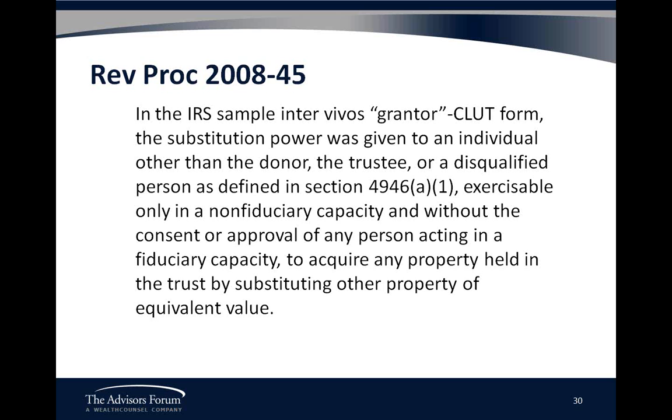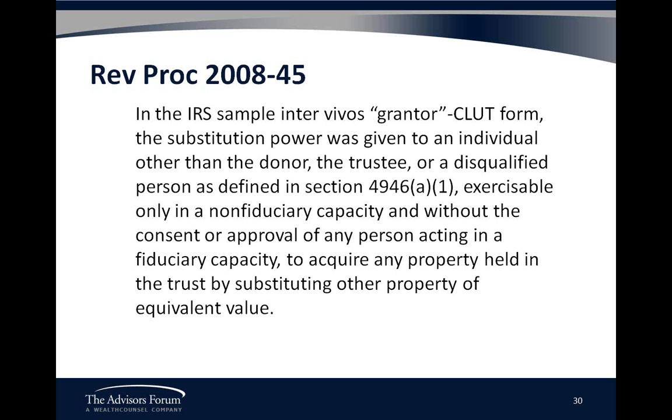Now, interestingly enough, every year or every couple of years, the IRS issues sample inter vivos charitable remainder trust forms. They include a sample charitable remainder annuity trust and charitable remainder unitrust, and then the flip side of it includes a sample charitable lead annuity trust and charitable lead unitrust.